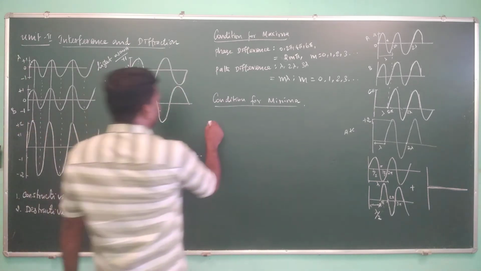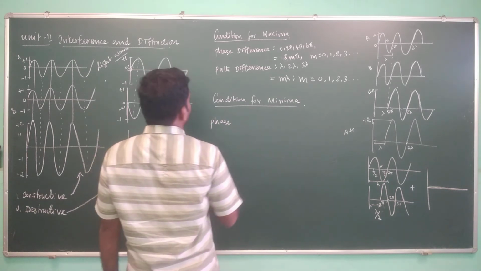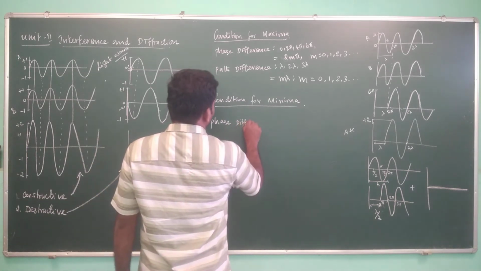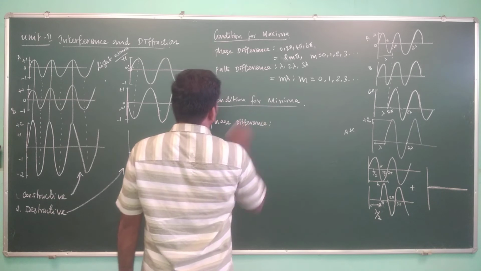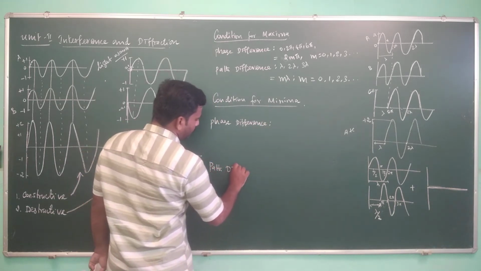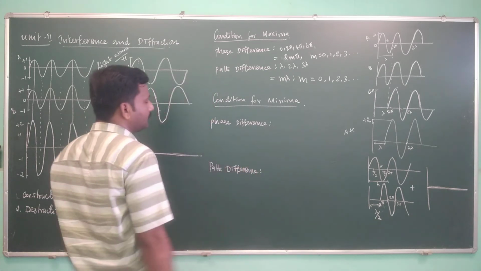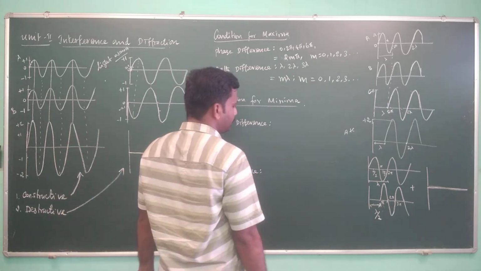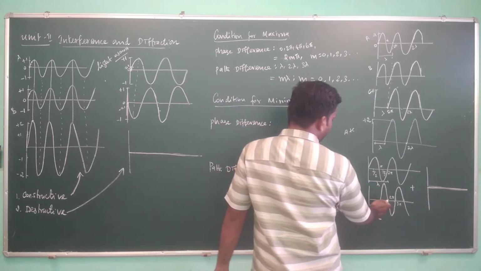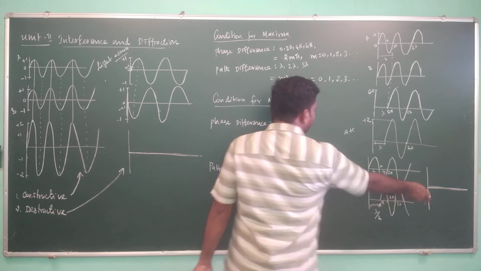Now, for destructive interference to happen, or the condition for minima, what would be the phase difference? What would be the path difference? Okay, what would be the phase difference? When the phase difference is pi and 3 pi, 5 pi, right?